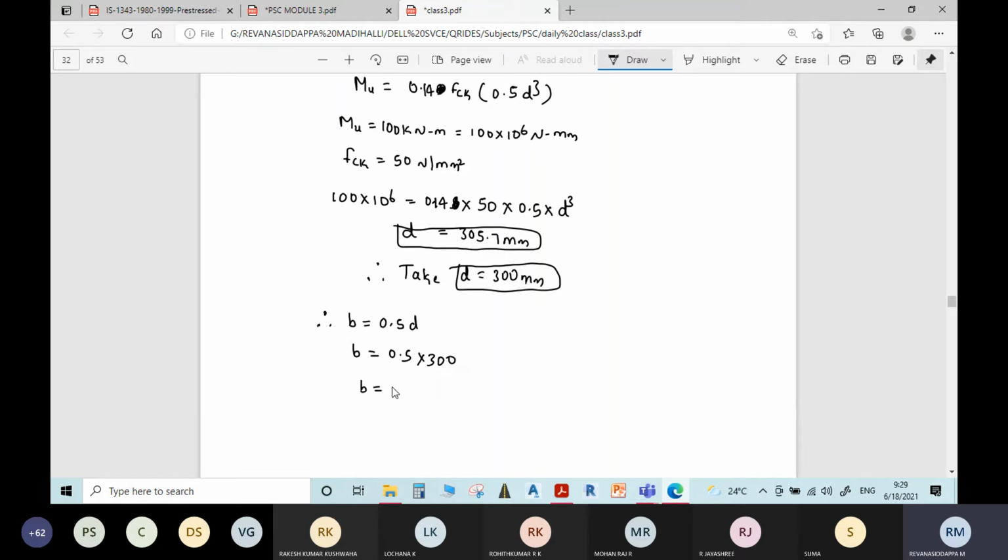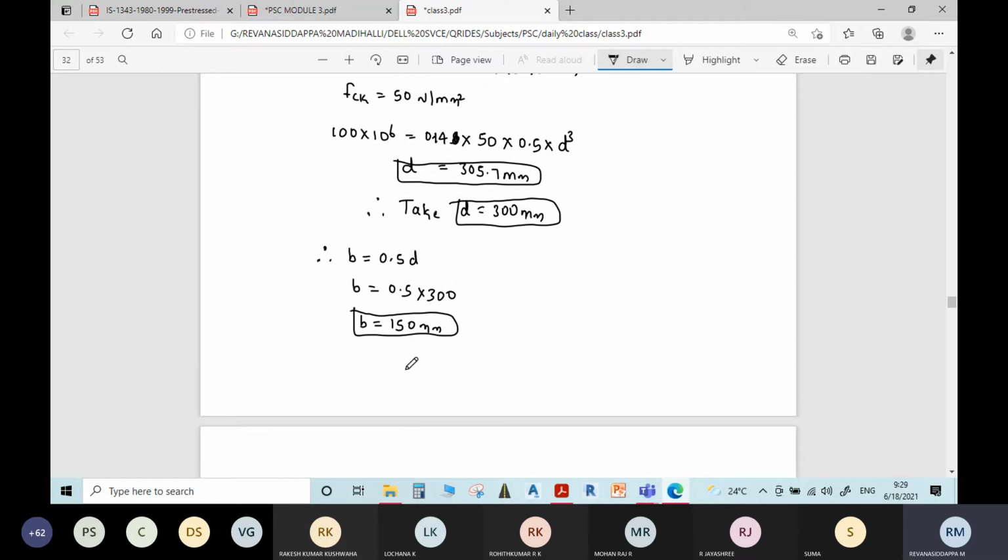Therefore, b is equal to 150 mm. Now we got sectional dimensions, that is, the width of the beam and the effective depth of the beam.